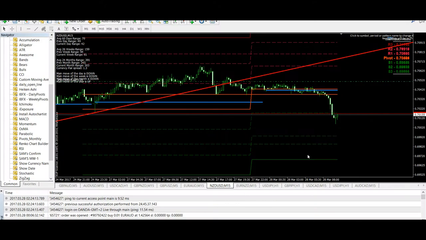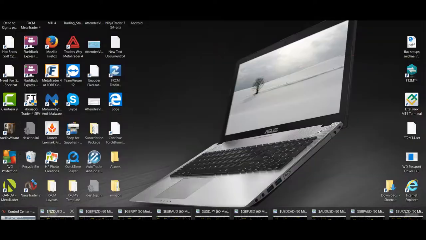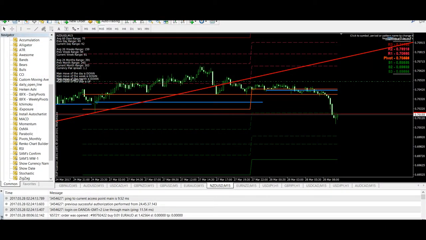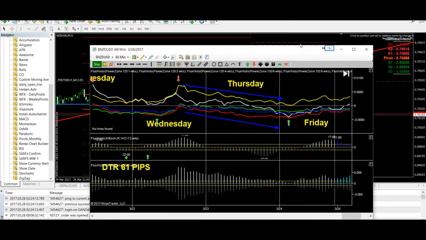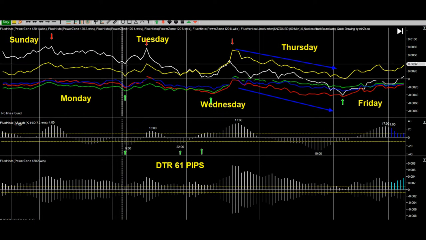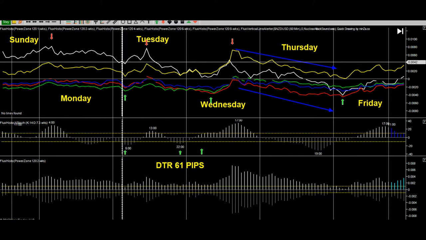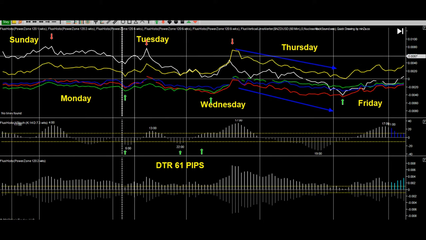Welcome back, traders. Trading the New Zealand US dollar and the Aussie US dollar. We're going to exit the Aussie trade and the New Zealand because we're coming up and we pull in the power zone. This is the New Zealand. We're coming up here. It's going to go down a little bit more, but a lot of times you'll lose some pips when the transition is about to go back up.